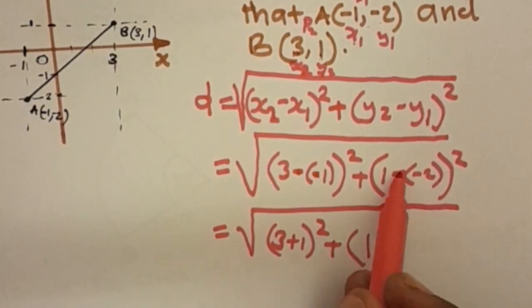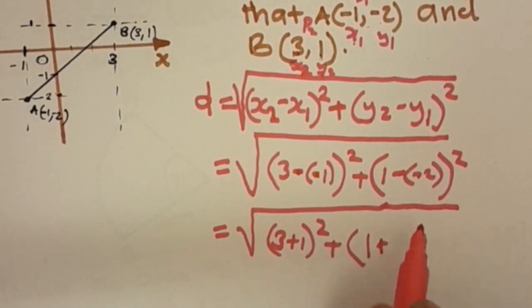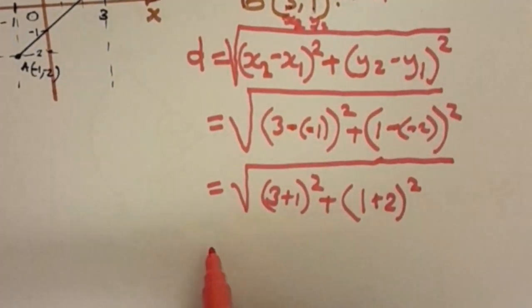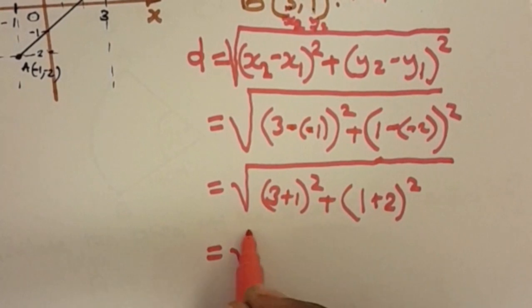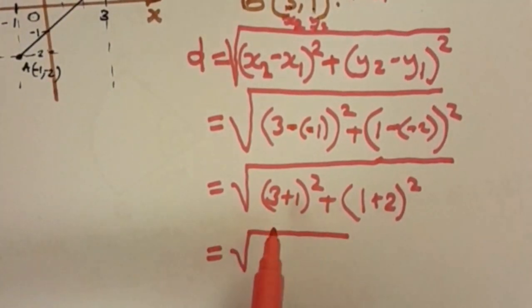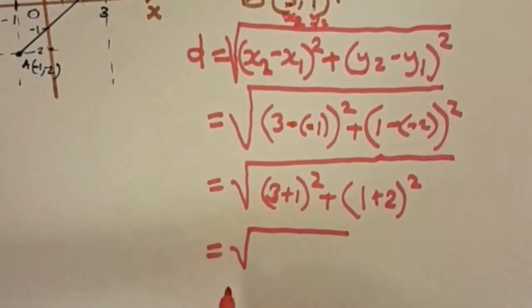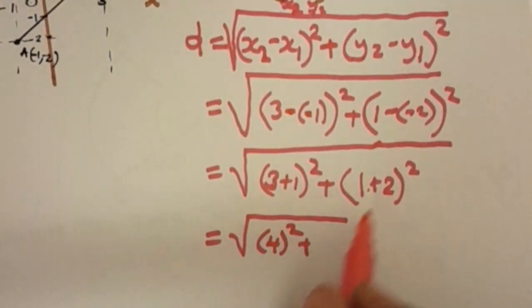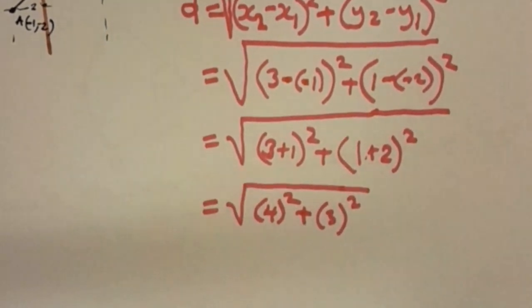We have 1, negative times negative will be positive, then times 2 will be 2, and then squared. So now things are becoming easier. So 3 plus 1 is 4. So we have 4 squared plus 1 plus 2 is actually 3, and this is being squared.